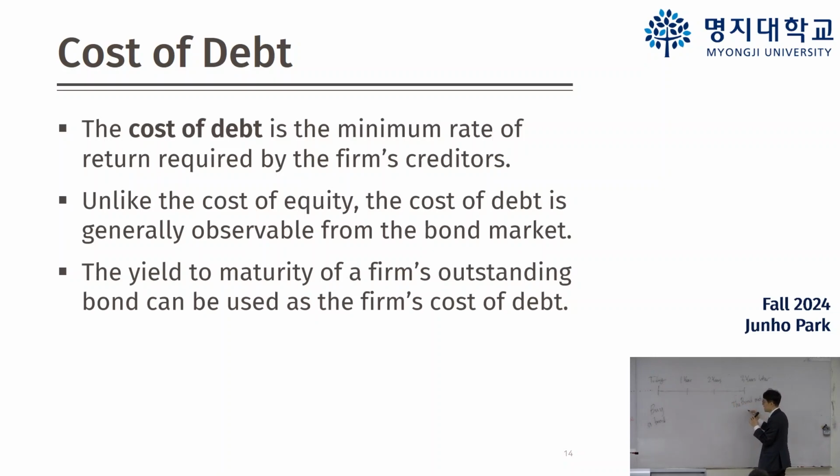So let's say the face value was $100, and when the bond matures, this is the end of the period. This is the time where the company promised to give the money back, and they need to give the face value back, which is $100. So this is the first cash flow.